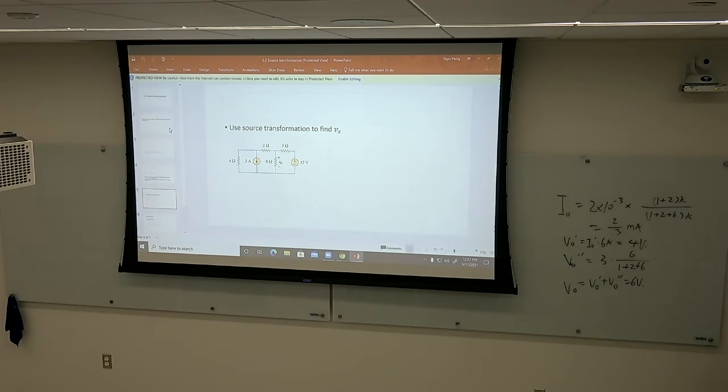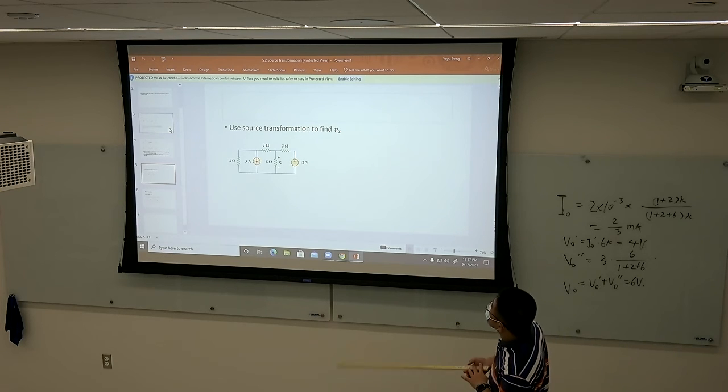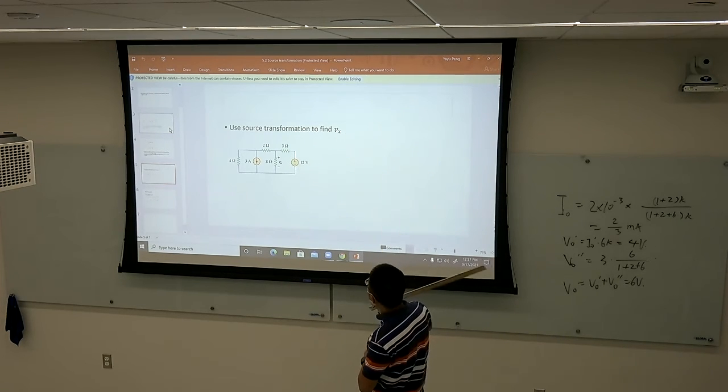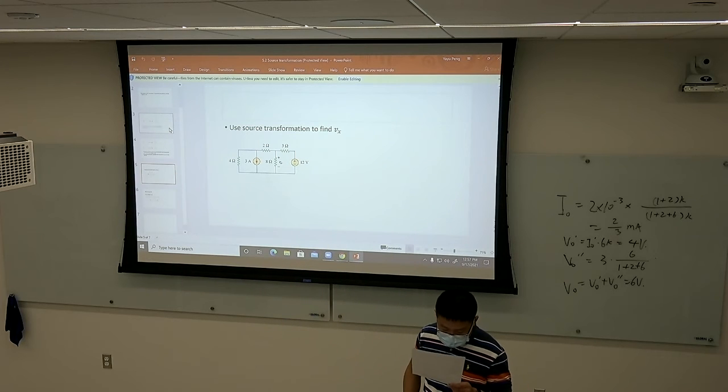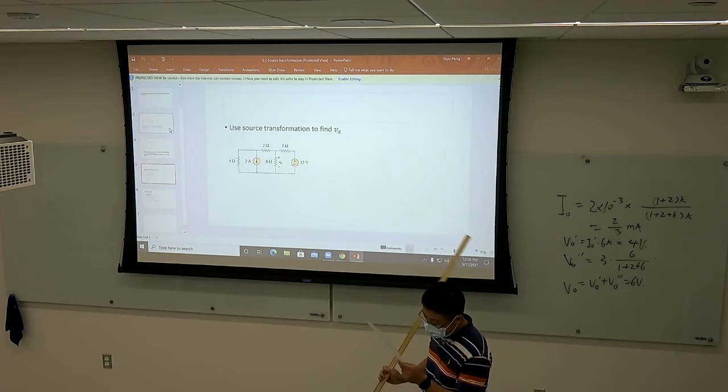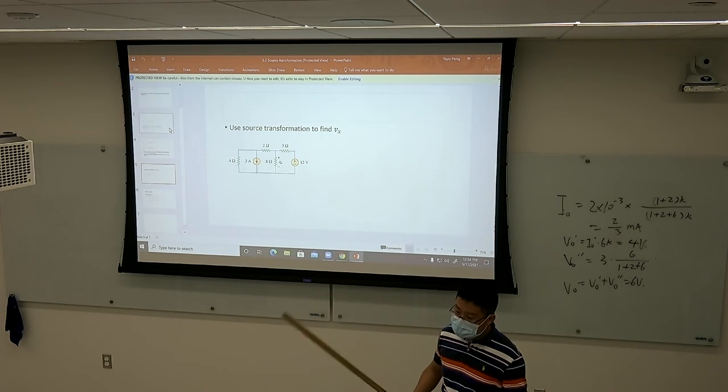So let's use the source transformation to find Vo. Then we will have one for the homework. Not Vx, it should be Vo.